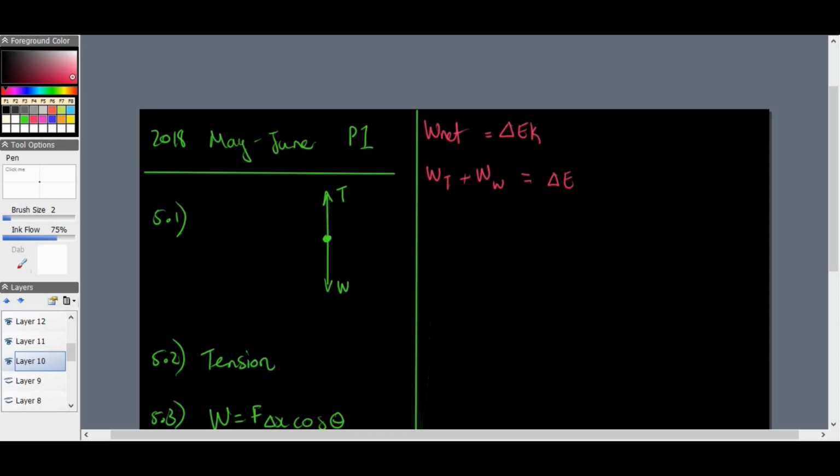First things first, we need to find out the force of tension. For this route that we're going to take, we already know what this is. So now we need to find the tension.